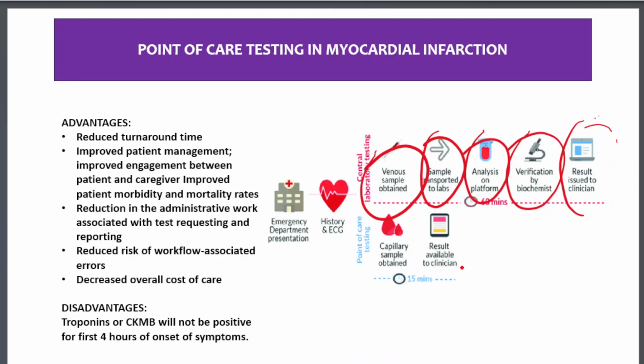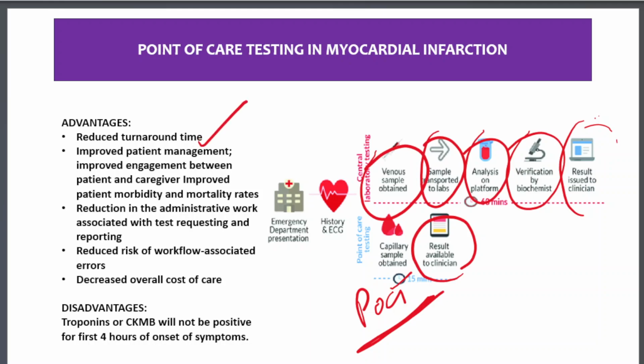Rather, if the clinician has this POCT in hand, he can just obtain the capillary sample, drop it on the POCT, and find out whether it is positive or negative. So this is one of the advantages.